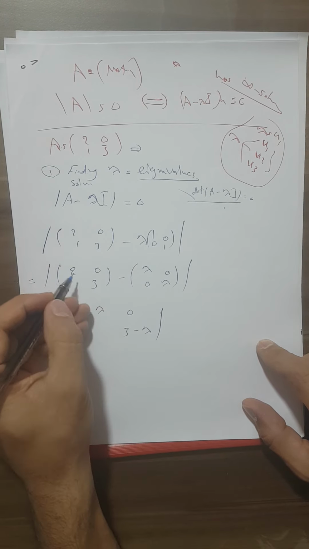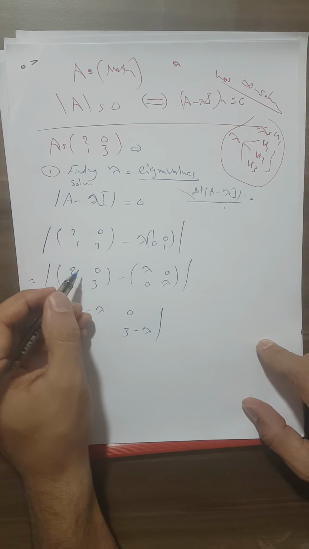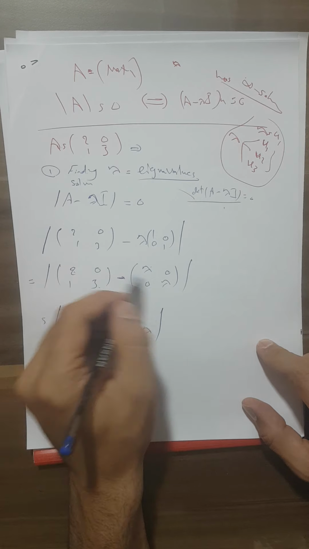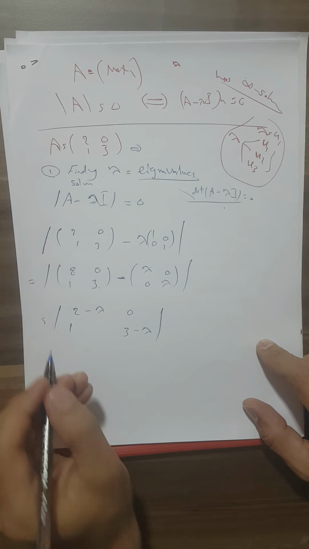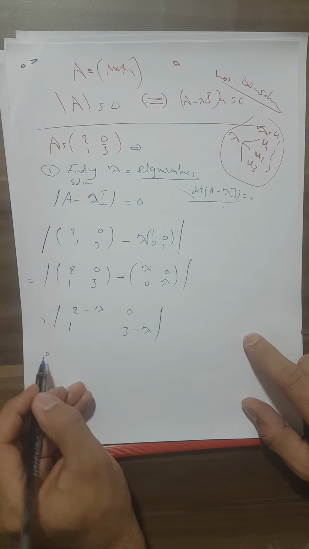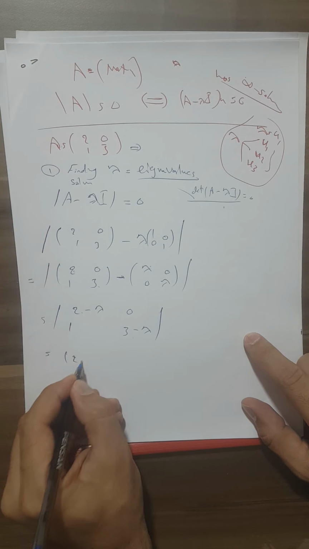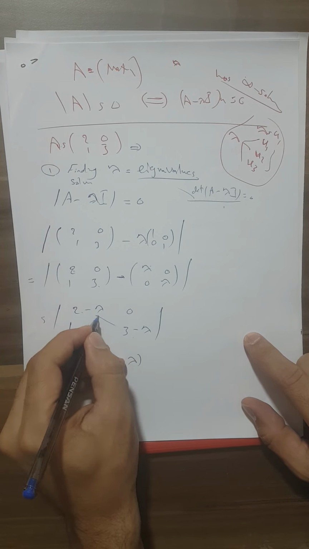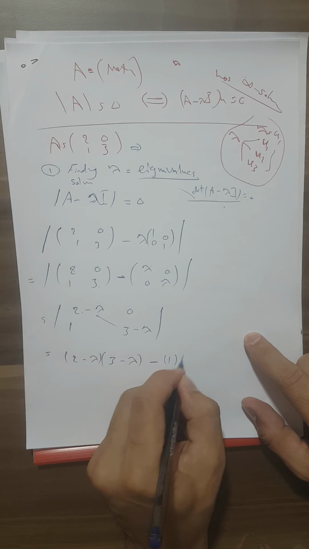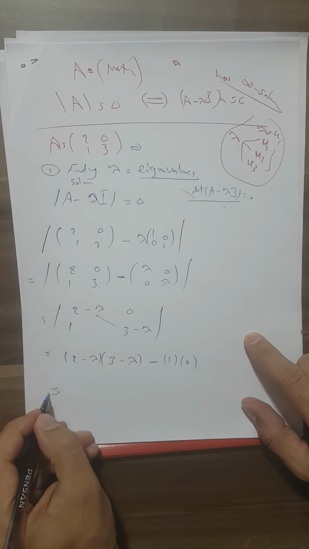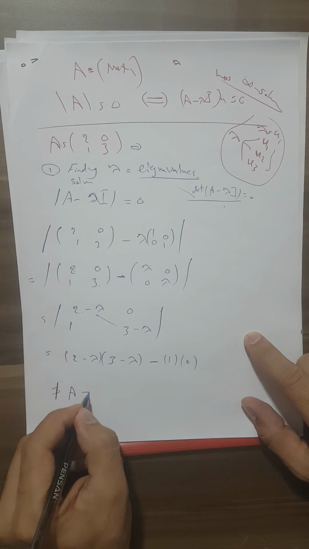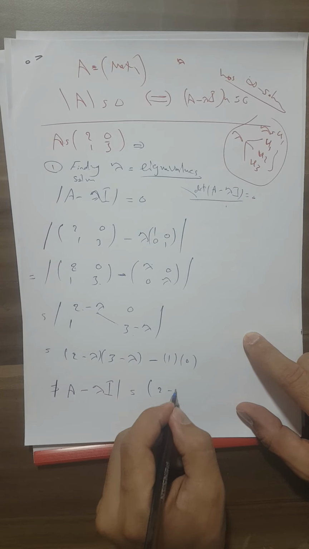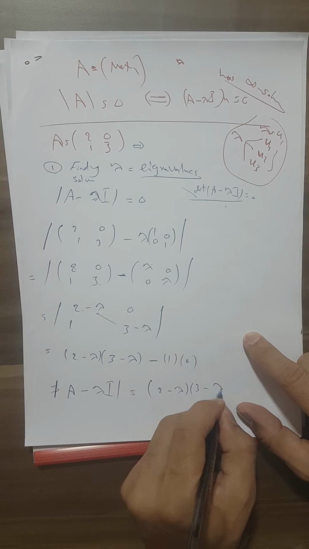In general, lambda is subtracted from the diagonal because we have the identity matrix here. The determinant here is equal to (2 minus lambda)(3 minus lambda) along the diagonal, minus 1 multiplied by 0. So the determinant of A minus lambda I is equal to (2 minus lambda)(3 minus lambda).